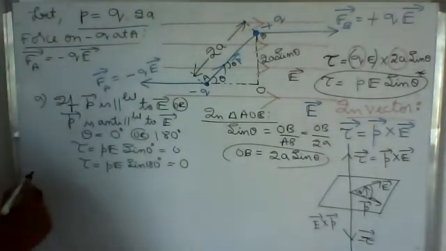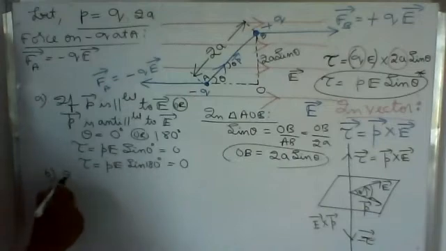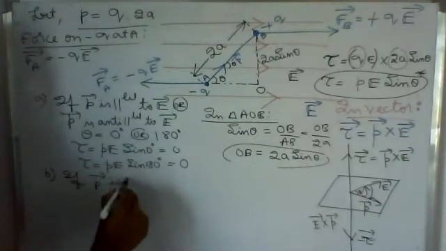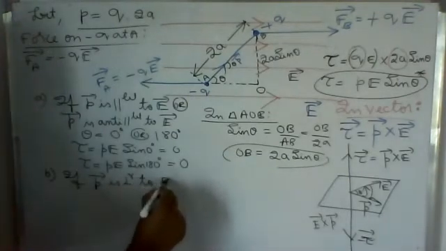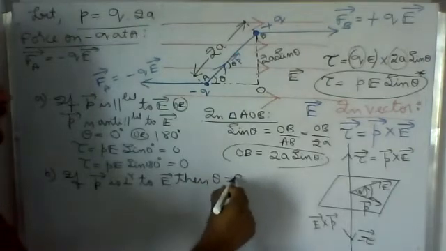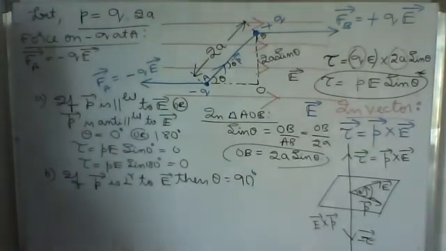The next case: if P vector is perpendicular to E vector, what is the value of theta? Theta is equal to 90 degrees.